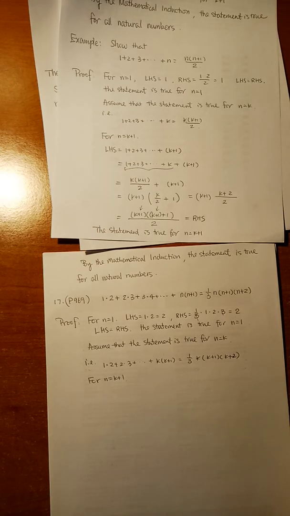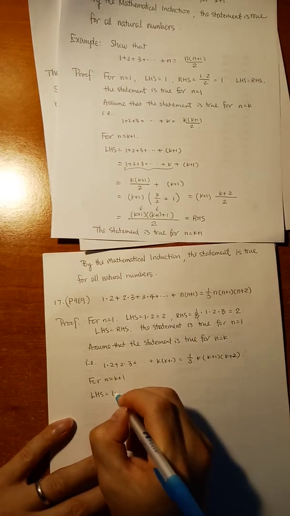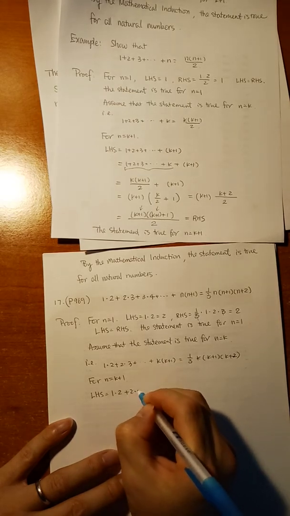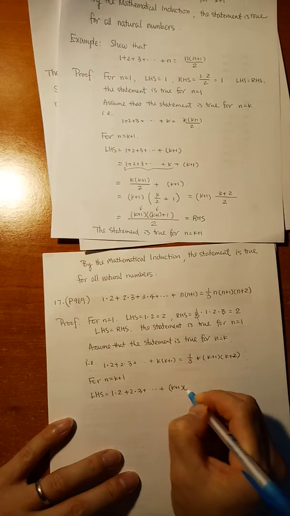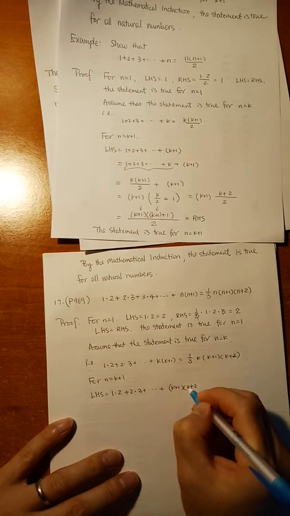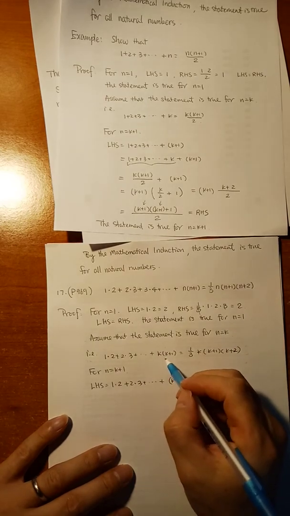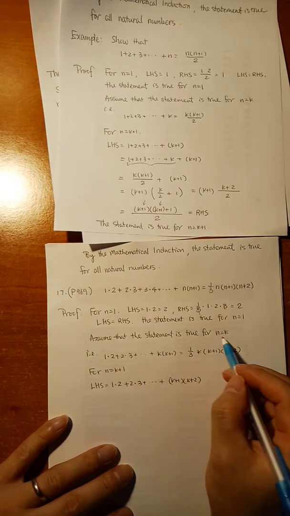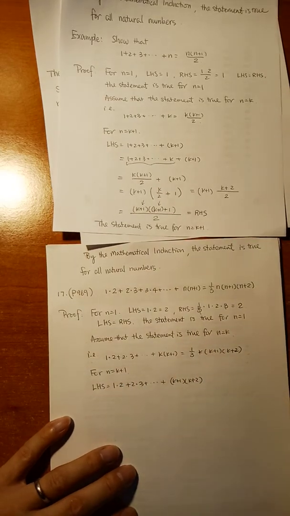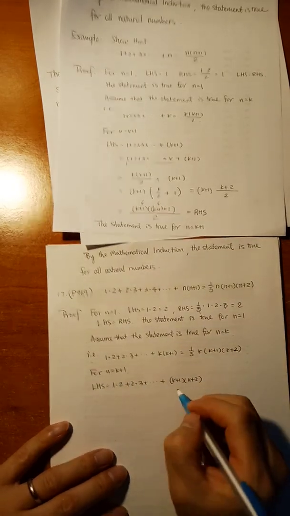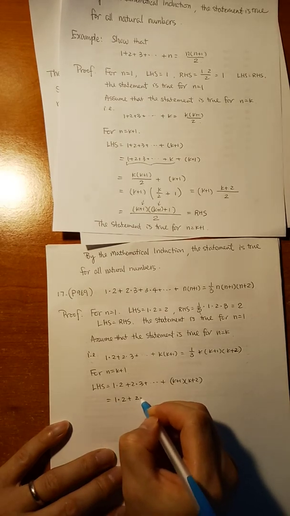For n equal to k plus 1, the left-hand side is 1 times 2, 2 times 3, up to (k plus 1) times (k plus 1 plus 1), that is (k plus 2). Right? The next one, one more term. This is the last term for n equal to k. Its next term will be the last term for n equal to k plus 1. So we do a similar observation.